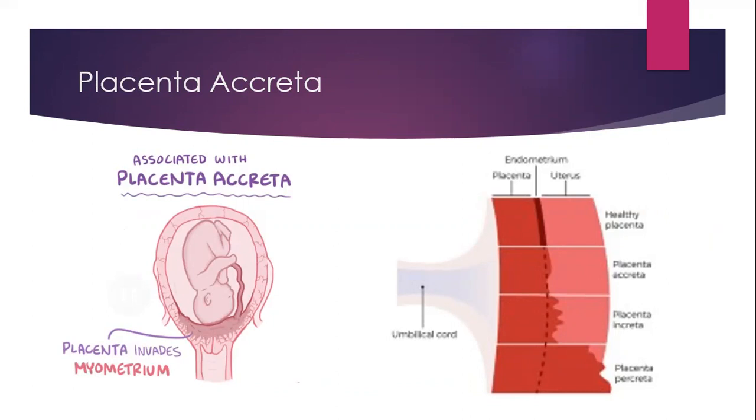And placenta percreta, which is the most severe form, is when it completely transcends the uterine wall, and then it can attach to the other organs in the area, and it causes massive hemorrhage. These patients most likely will end up with a hysterectomy. But yeah, that's the most extreme form, and it's likely also the most rare one. But as we said, it is associated with placenta previa because the lower segment is so thin.